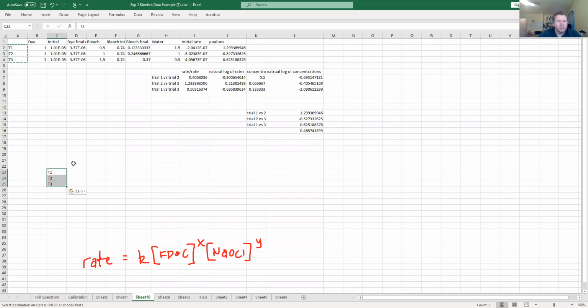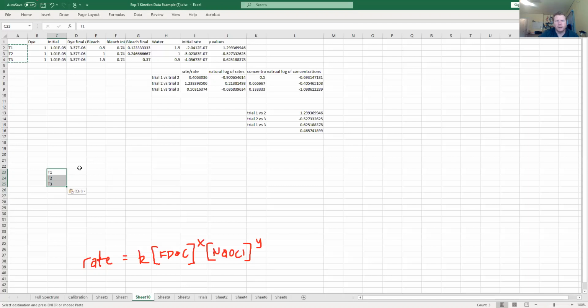Now, what we need to consider there is what is everything that we put into our reaction? Well, we put FD&C and NaOCl. So we want to look at a rate, we want to look at the concentration of FD&C, we want to look at the NaOCl, and we want to look at our X and Y values.